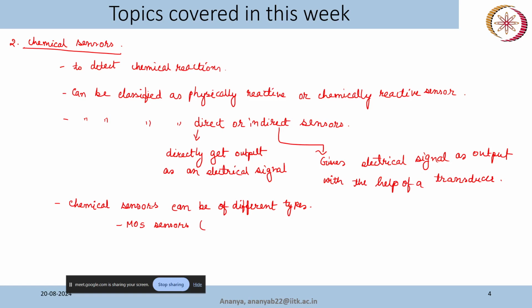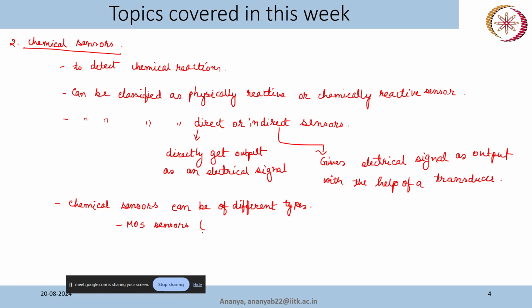And if some chemical reaction happens in the vicinity, the surface potential will change, and based on the change in surface potential, the resistance of the material will give an indication about the chemical reaction that is happening, and the concentration of the target material that is nearby.